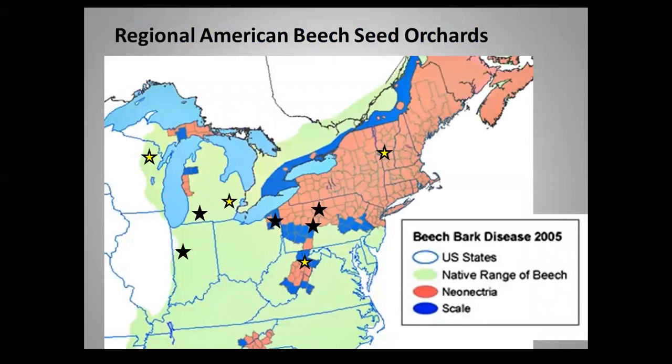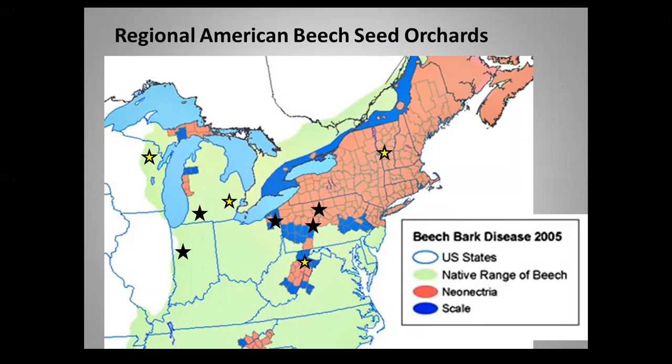So at this point, this slide is showing all the different seed orchards that we have either in progress, those are the stars that are in yellow, or near completion, and those are the stars that are in black. If you look in Pennsylvania, we have 2 seed orchards. Those are replicate seed orchards that are almost completed.